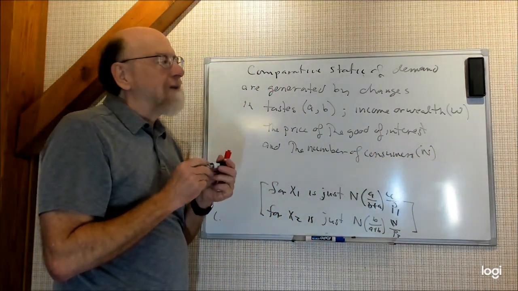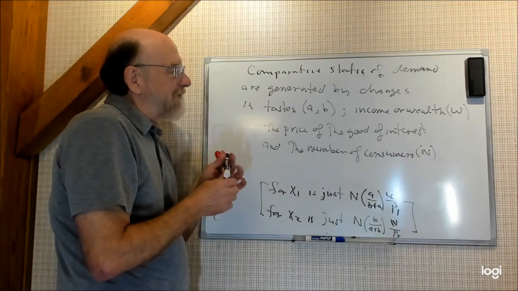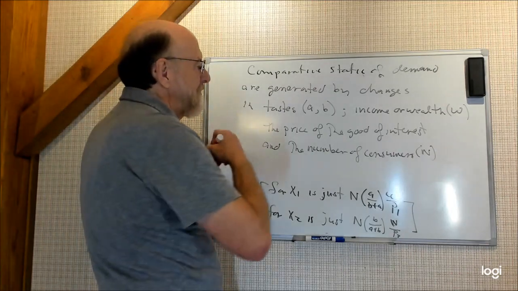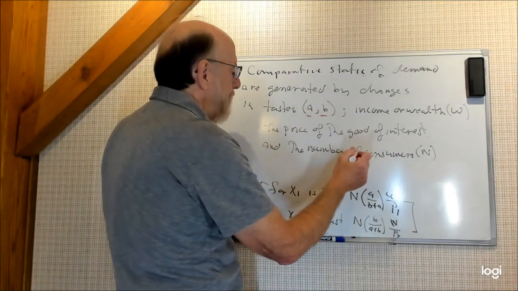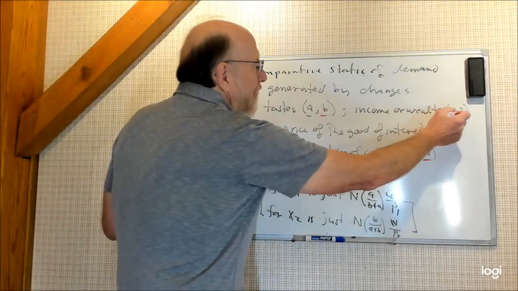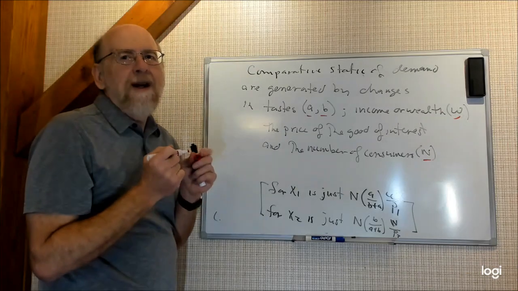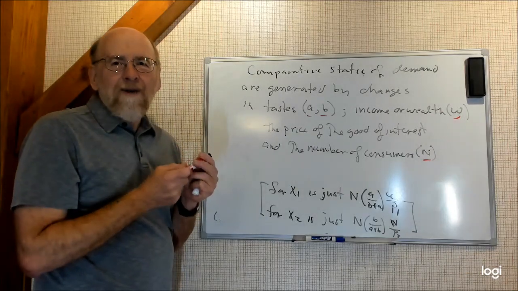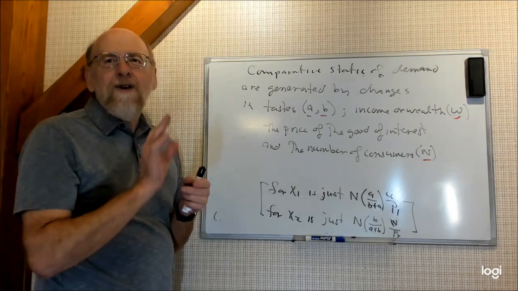Right, so we've got 1, 2, 3, 4 variables, which for the purposes of deriving a demand curve, we normally hold constant.